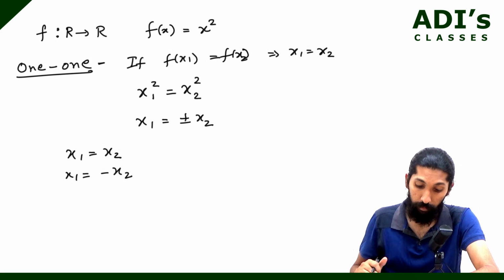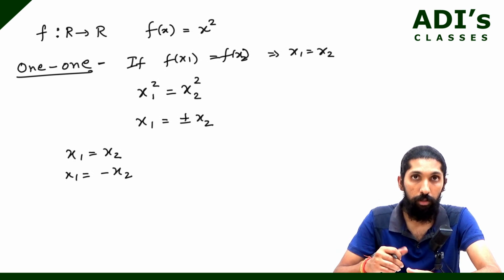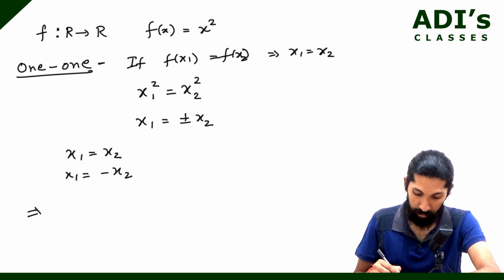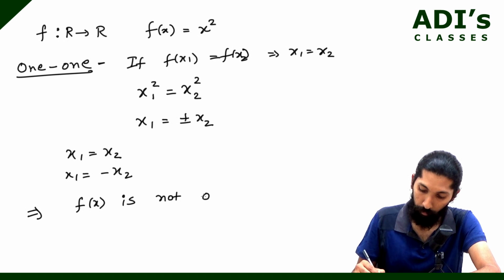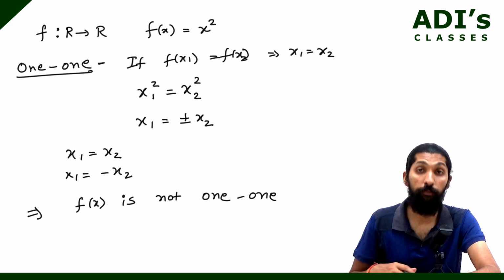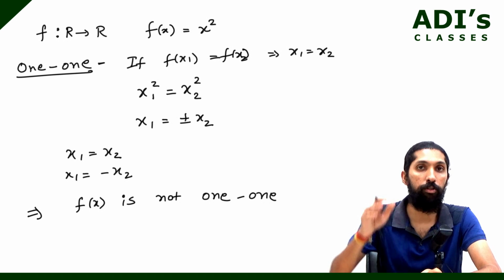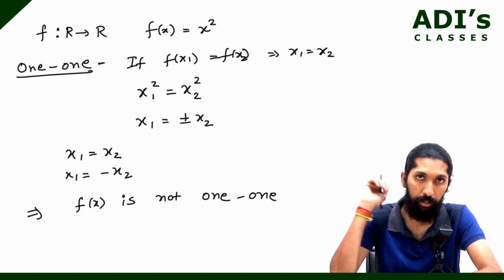Since we have two values, this implies that f of x is not one-to-one. Understood? So if it is not one-to-one, then it can never be bijective. We'll write that part later on.